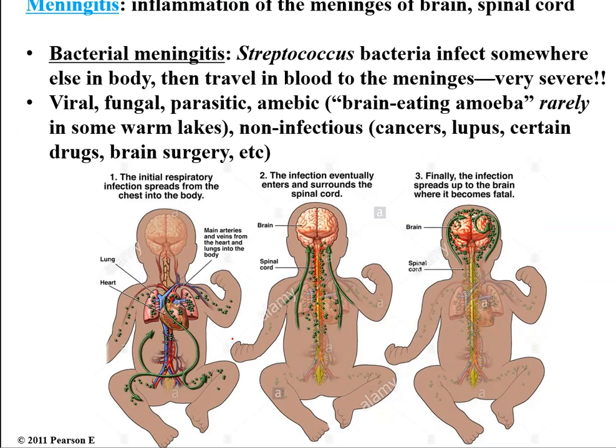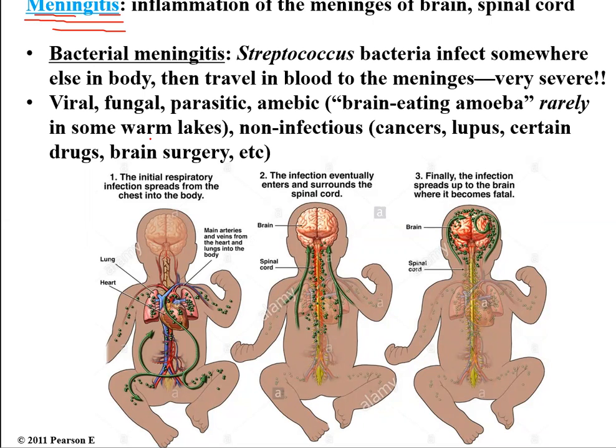The reason for that is that an infection of the meninges is called meningitis, so inflammation of the meninges. There are several different types of meningitis, and I'm not going to go into it in too much detail here, but essentially, some type of microorganism, bacteria, fungus, amoeba, right?